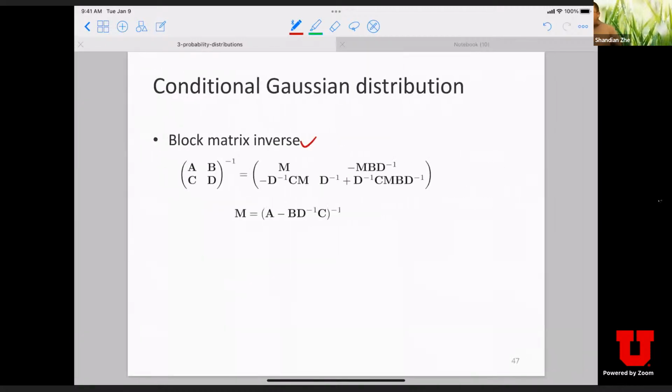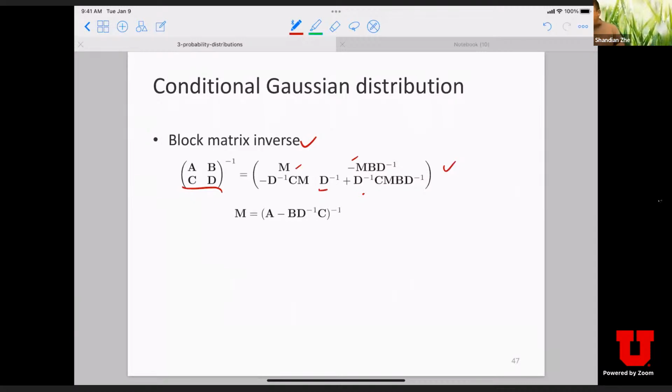So here is the general form of the block matrix inverse. If you have a matrix that can be partitioned as A, B, C, D, and it is an invertible matrix, and then you do the inverse and partition it according to the exact same dimensions as A, B, C, D, this is what each block should look like.